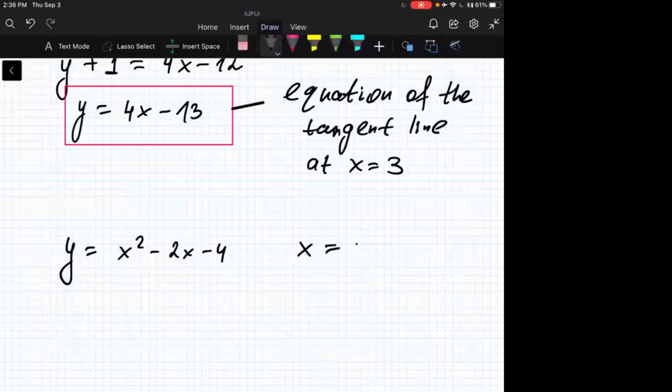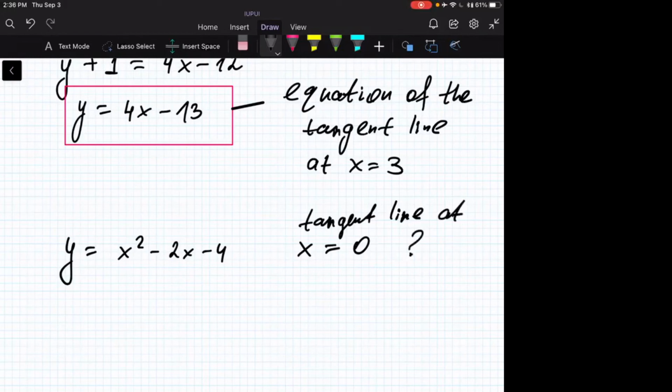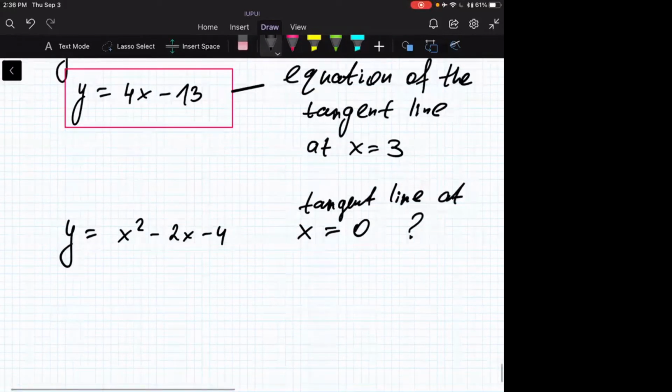What if I'm interested in the tangent line at point x equals 0? So the same graph, but now I'm interested in a different point.